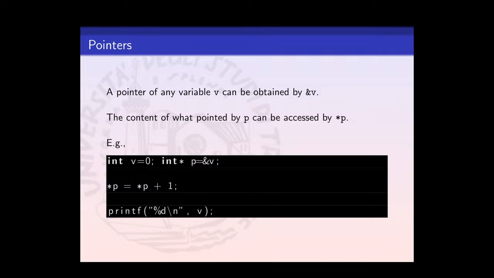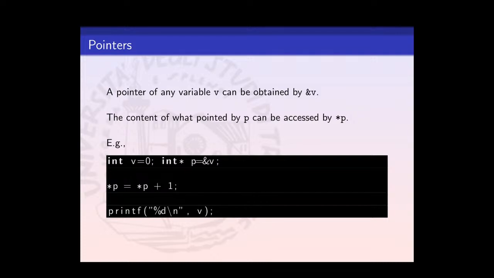Now, have a look at the second line. In the second line we are doing something really weird. We are basically taking the pointer variable and applying the star syntax. What do I mean by doing this? I mean, I'm not interested in the address itself, I'm interested in the content of the cell pointed by the variable. So meaning, I don't want to deal with the value in p, but I want to deal with the value pointed by p.